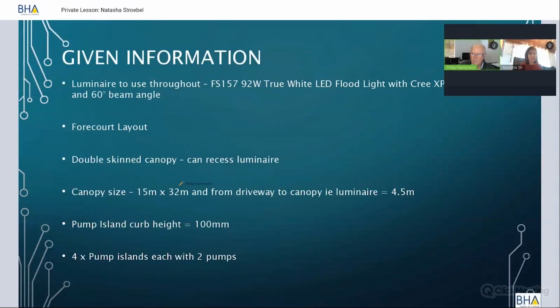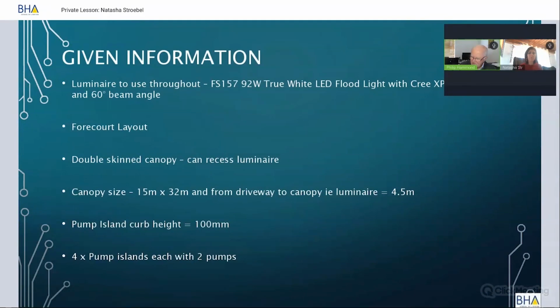There's the canopy size. And the mounting height, from the driveway to the luminaires, which is the underside of the canopy, is 4.5 meters. The pump island curb height: the pumps are all mounted on a little island, which is raised off the driveway.